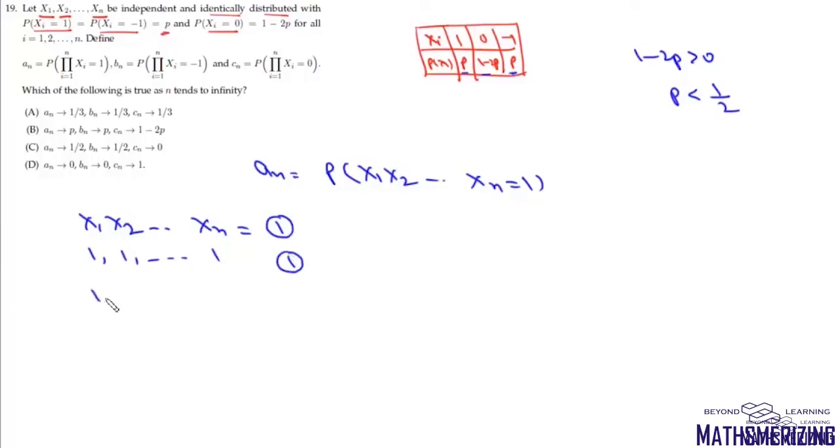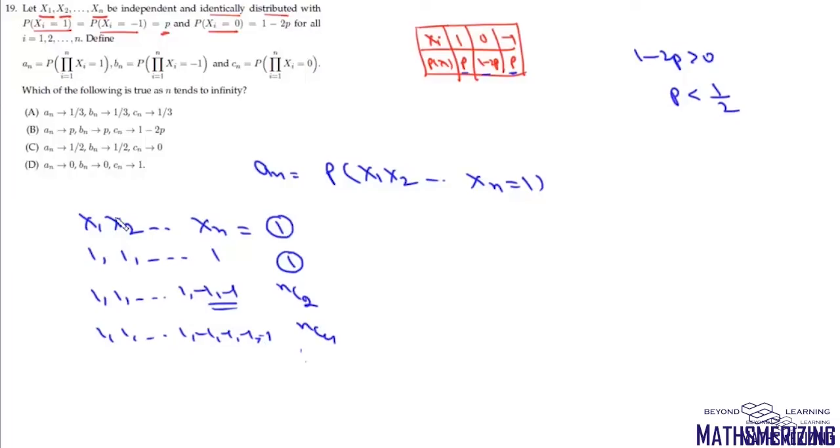Next one could be when n minus 2 values are 1 and then 2 values are minus 1. Then again their product will be 1. So from these n, we need to select 2 which will have the value minus 1. So it will be simply nC2. Next one will be all ones except 4 minus 1s. Here it will be simply nC4. It will continue till we have the maximum number of minus 1s possible.